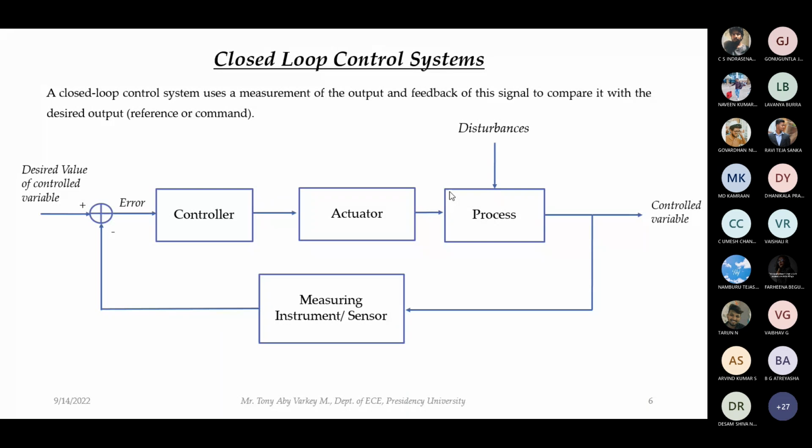In open loop control system, there is no guarantee that it will reach the desired temperature. Whereas in a closed loop control system, there is a guarantee. We ensure that it reaches the desired temperature. In open loop, if I give fluid 1 at temperature 20 and fluid 2 at temperature 40, they will combine together. Due to the reaction, the temperature inside will become 100 degrees Celsius. That is what we are assuming.